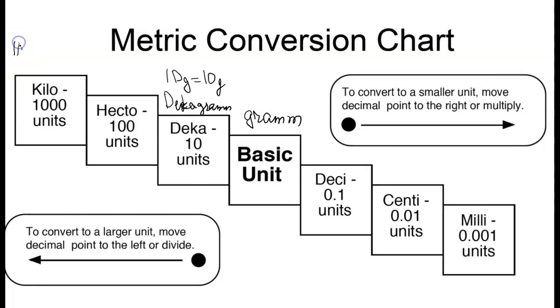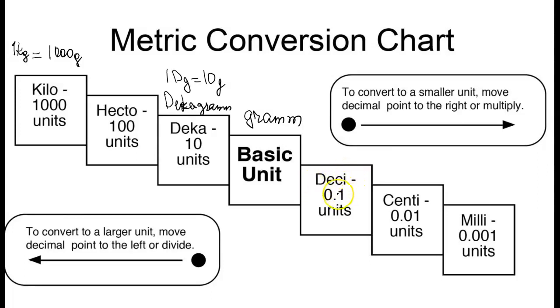So 1 kilogram, its abbreviation is kg, is very common in countries which use the metric system. 1 kilogram will be equal to 1,000 grams. Another group of prefixes shows us that the unit becomes smaller than the basic one.